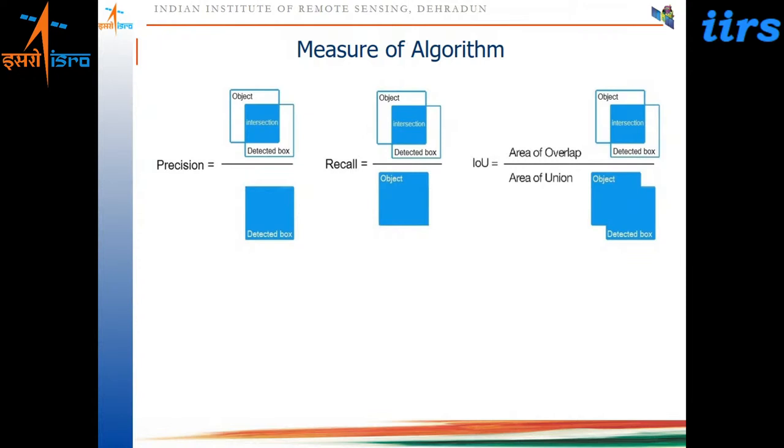In the precision model, what we do is we take the total number of outputs generated by a model, and out of which how many of them are actually correctly predicted. If you take the ratio of these two, you get the precision.